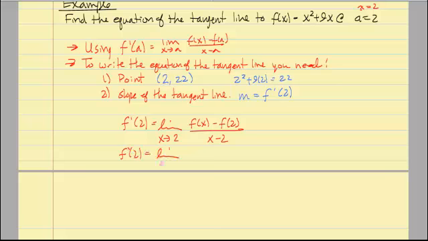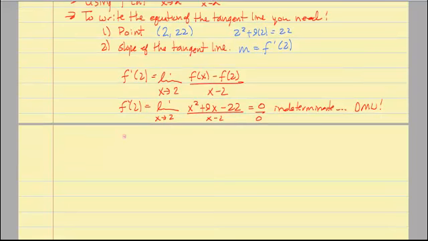So let's fill in that part. f of x is x squared plus 9x, minus f of 2. f of 2, remember, was 22 from up above, all over x minus 2. Well, if I take this limit right now, I get 0 over 0. 0 over 0 is indeterminate, and of course, indeterminate means to do more work.